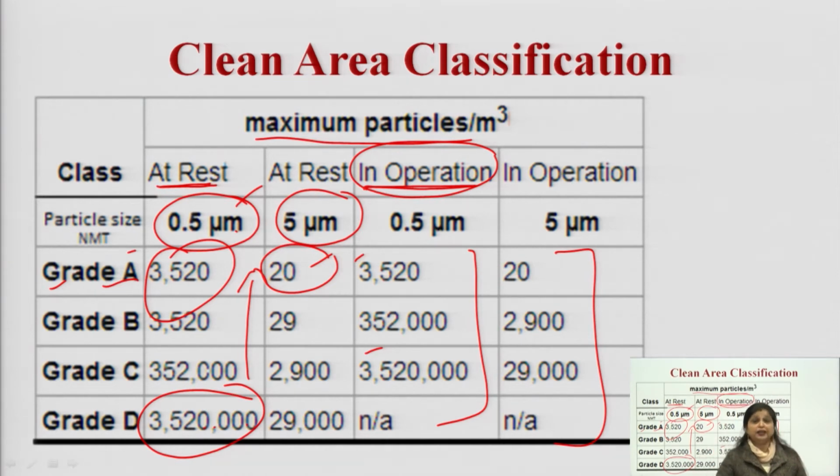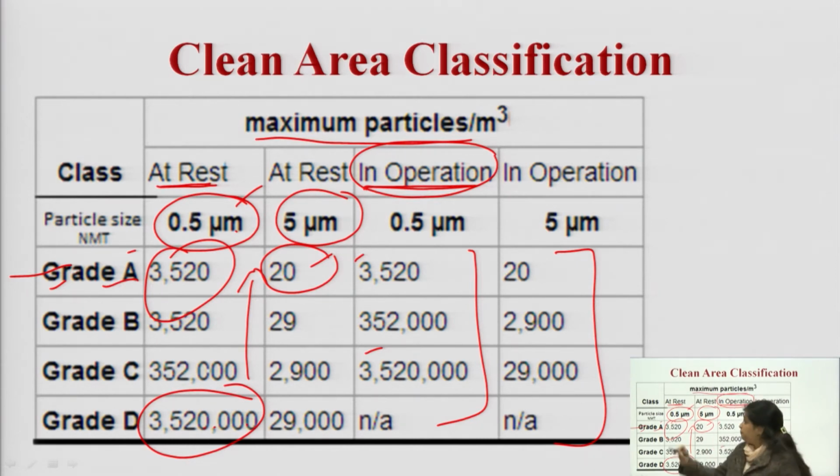But if the dust particles have a size more than 5 micrometer, then there should be no such particles at all. Those particles are not at all allowed within grade A. An aseptic area must not contain any particles of size more than 5 micrometer.